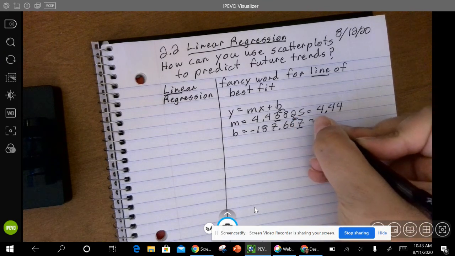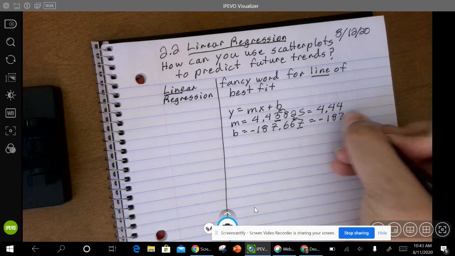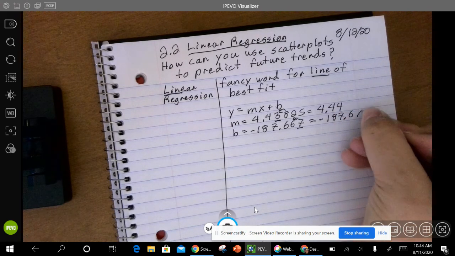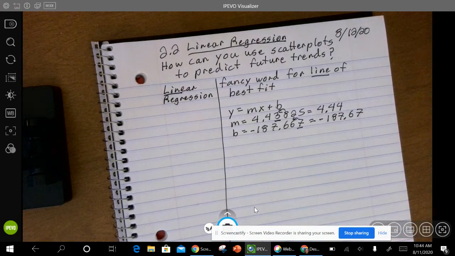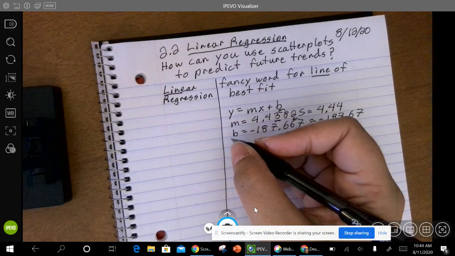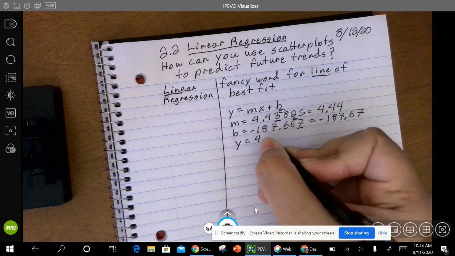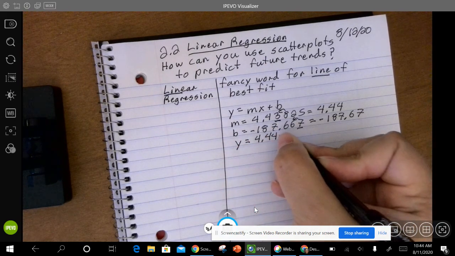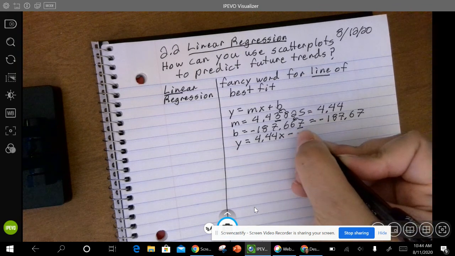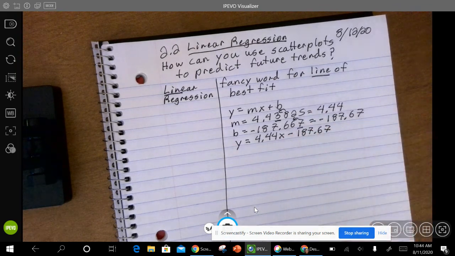For our y-intercept, it's 187.67. Now we can write our equation. Our equation is going to be y is equal to 4.44x minus 187.67.